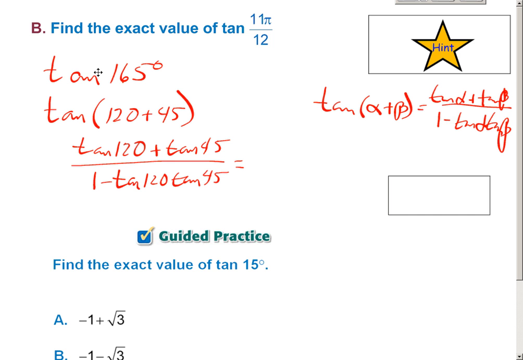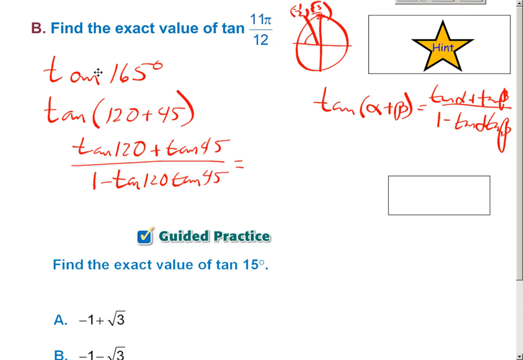Okay, so tangent of 120. Well, that's a reference angle of 60 degrees. So let's see, we can do a little drawing here. And so reference angle of 60 degrees here. That means we have, for this ordered pair, negative 1/2, radical 3 over 2.